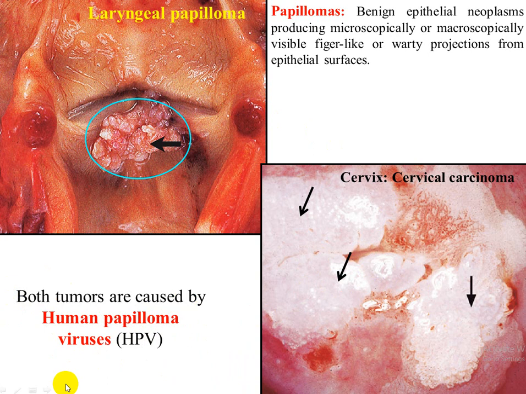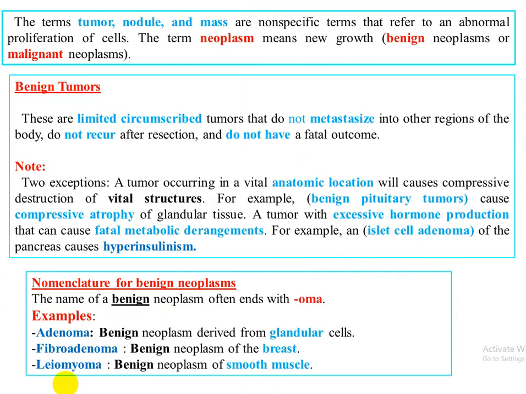This figure is only to illustrate the causes of tumor. The terms nodule, tumor or mass are non-specific for description of neoplasm. And as we know, one of the cardinal signs of acute inflammation is tumor, which means swelling. إذا تذكرون أخذناها بالacute inflammation.